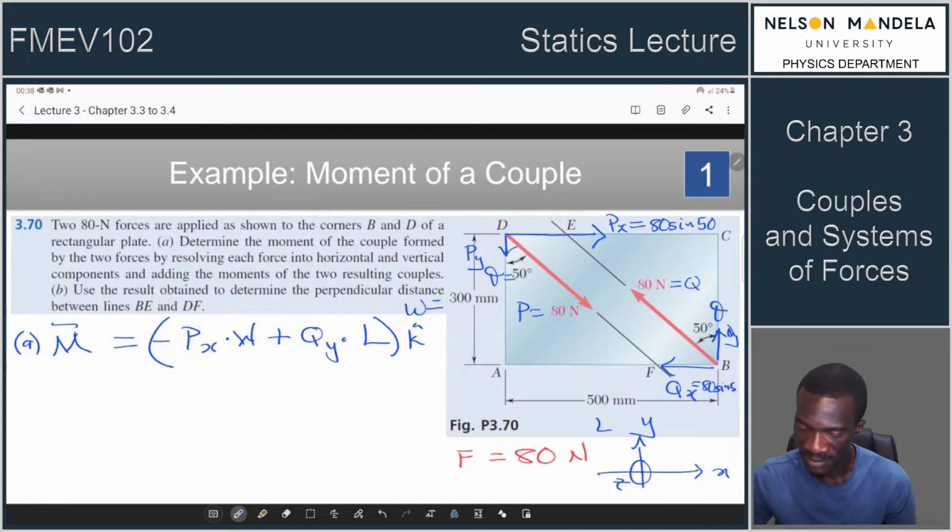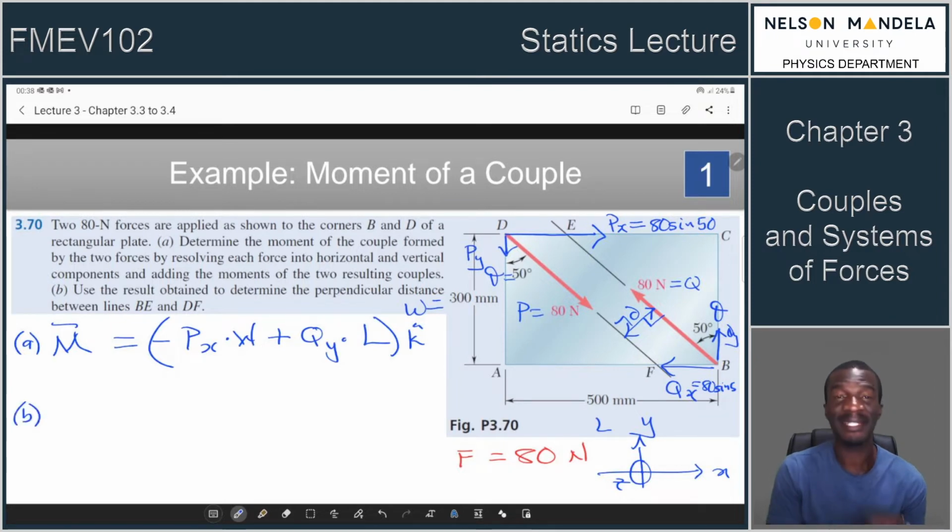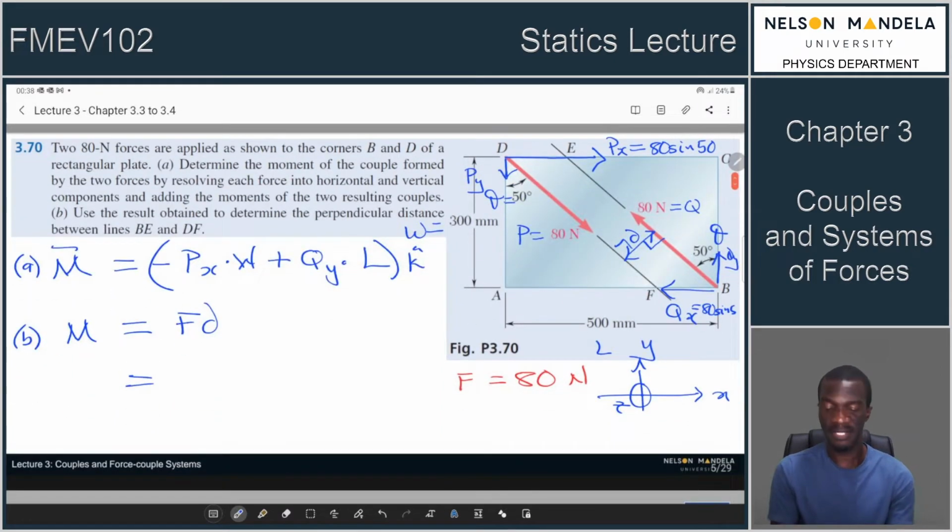So if we have the perpendicular distance defined as this D here, so that's our D there, right? And it is perpendicular to both the lines of action of the forces. Now, by definition in the second case, we said the magnitude of this moment is equal to Fd. So since we know that these forces are the same and these are 80, this simply results in the following.